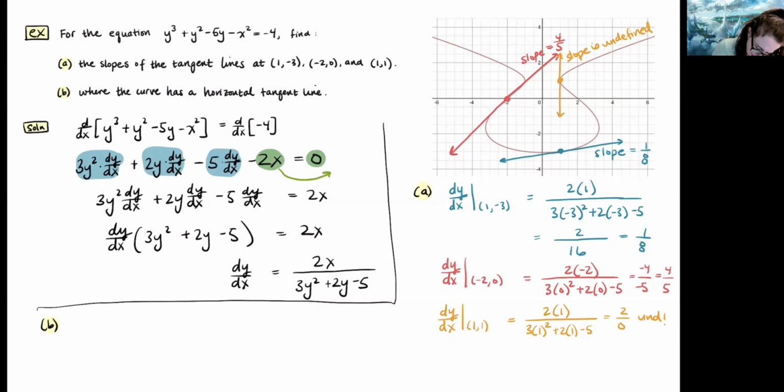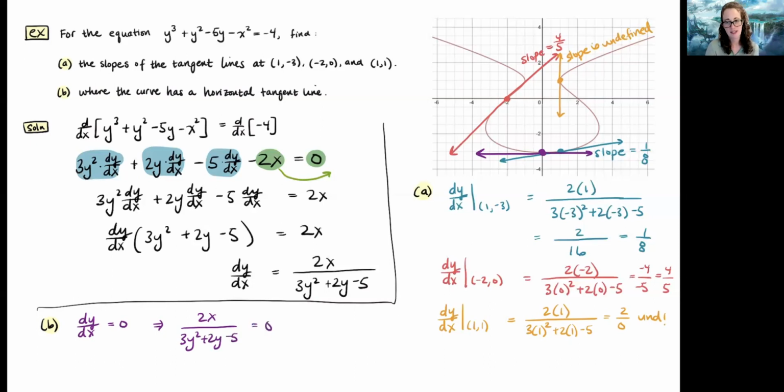So that looks like that's going to occur right here on the graph when x equals 0. But let's see how to do that algebraically if we don't have a picture for it. So, right, this is going to be where the derivative is equal to 0. So we're going to set that whole equation, 2x over 3y squared plus 2y minus 5, we're going to set that equal to 0.